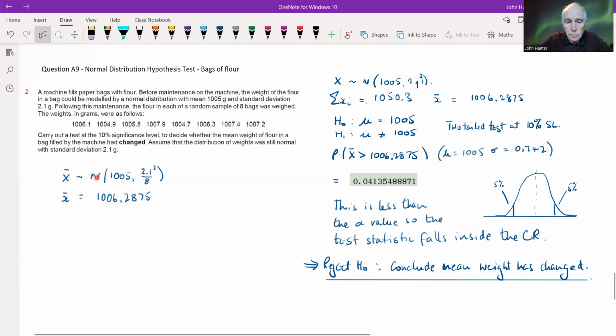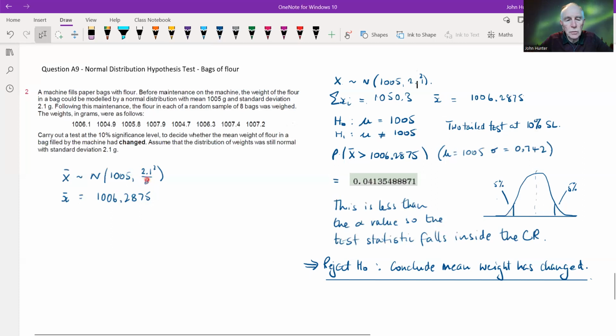It has a normal distribution with mean 1005 and a variance of 2.1 squared divided by 8, which is the sample size. So it's actually got a smaller variance and standard deviation.